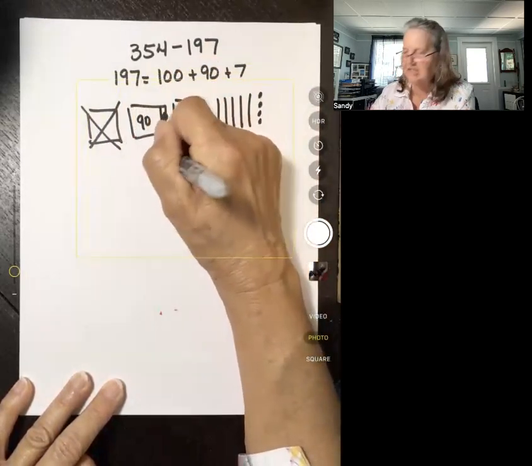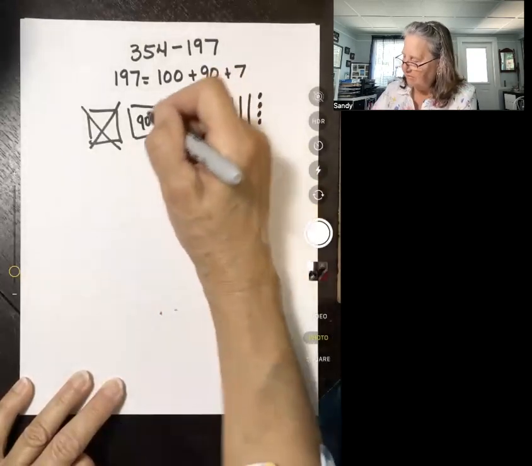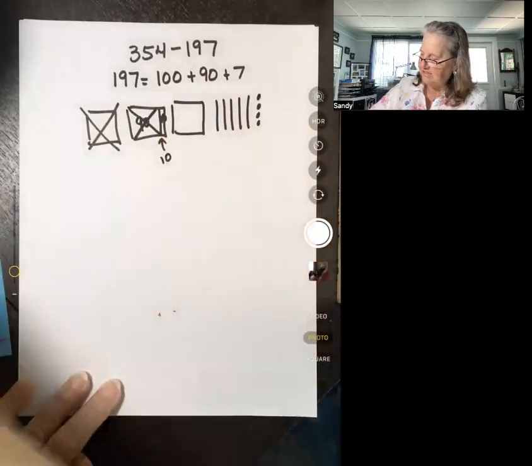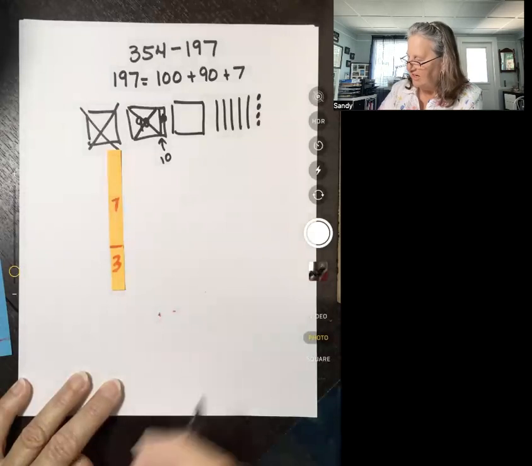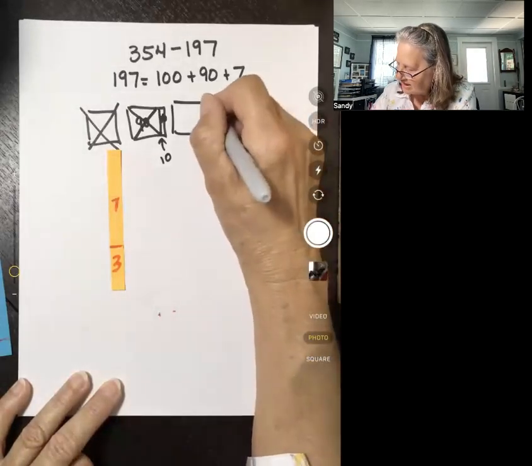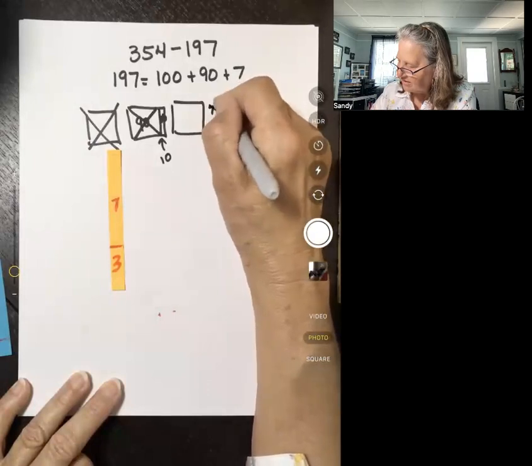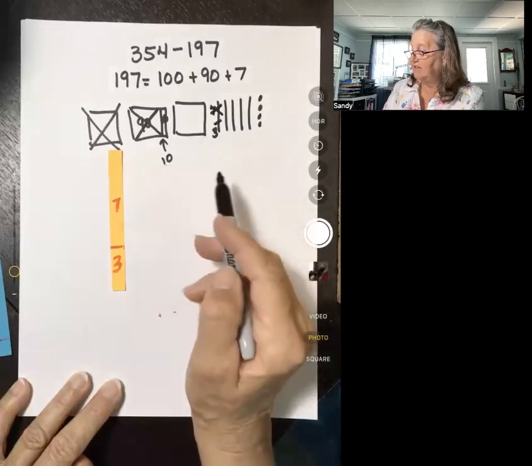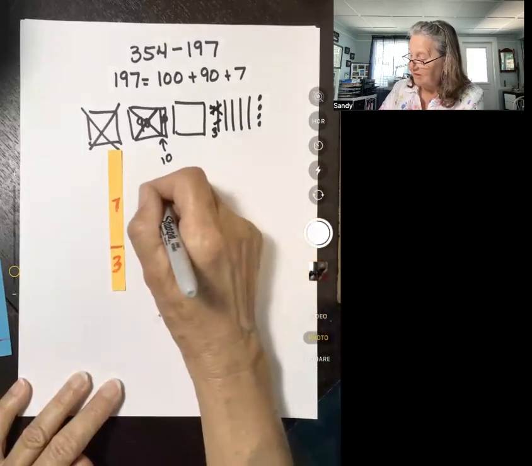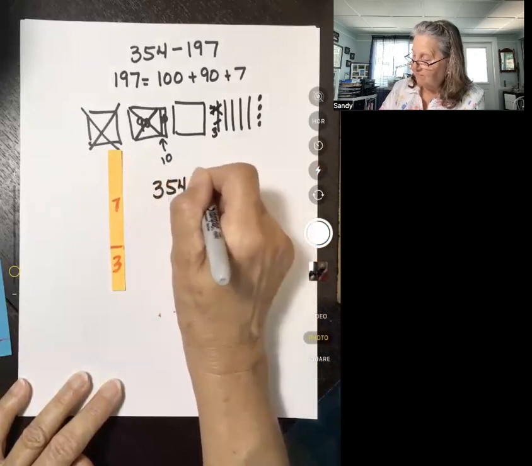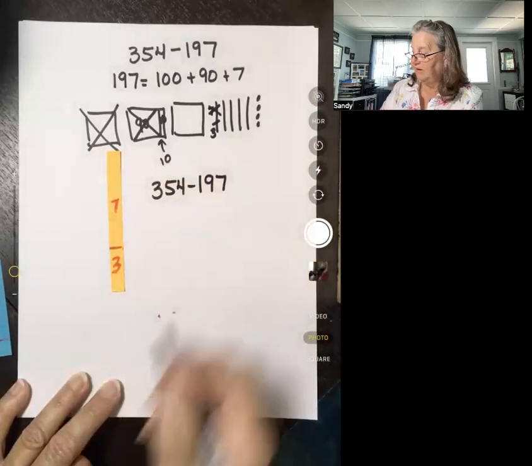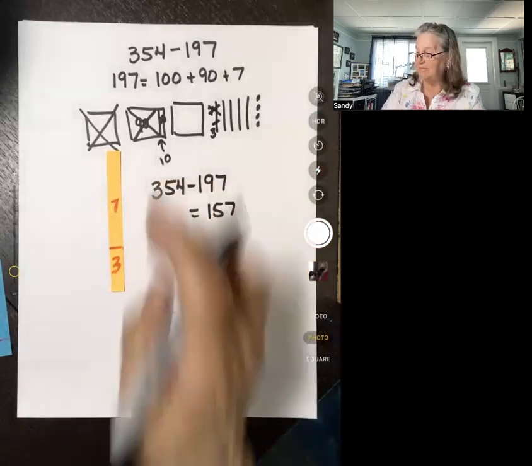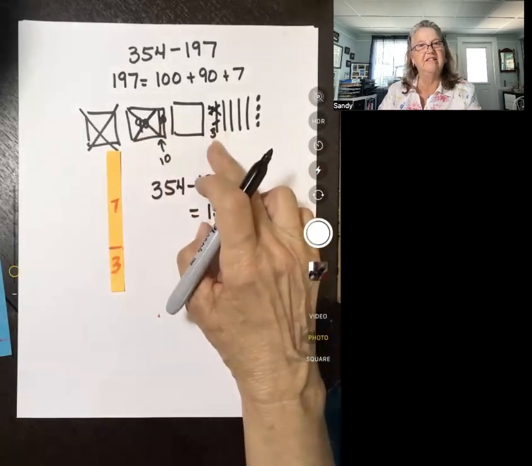Let's write that a little easier to see. 90 and 10, right? So I can remove the 90 and then the 7. Remember our version of this? Well, I could cut this into 7 and 3 and remove this. What am I left with? Well, 100, 40, 50, 7. So I'm still left with 157. I've decomposed places, and in this case, I decomposed a 100 and I decomposed a 10.